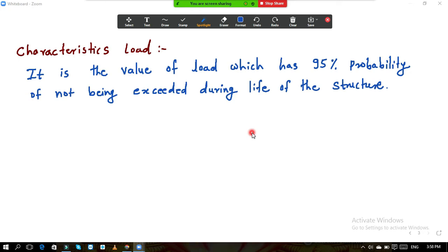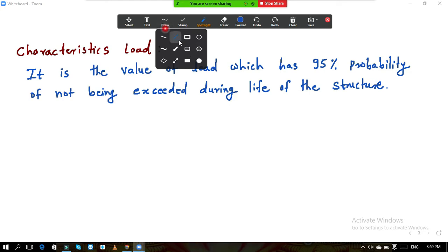Suppose the maximum load is considered as 100 kilonewton, and right now the slab is designed for a load of, suppose, 70 kilonewton. So we call that 70 kilonewton load a characteristic load, if it has a 95% probability of not being exceeded.